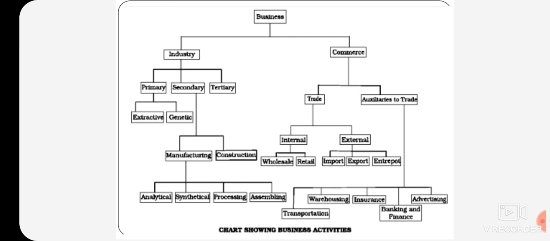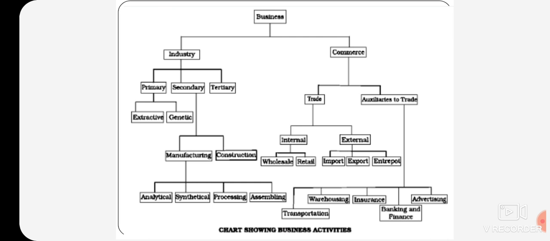So in case of manufacturing industry, we can study four types of industry, which are analytical industry, synthetical industry, processing industry, and assembling industry.